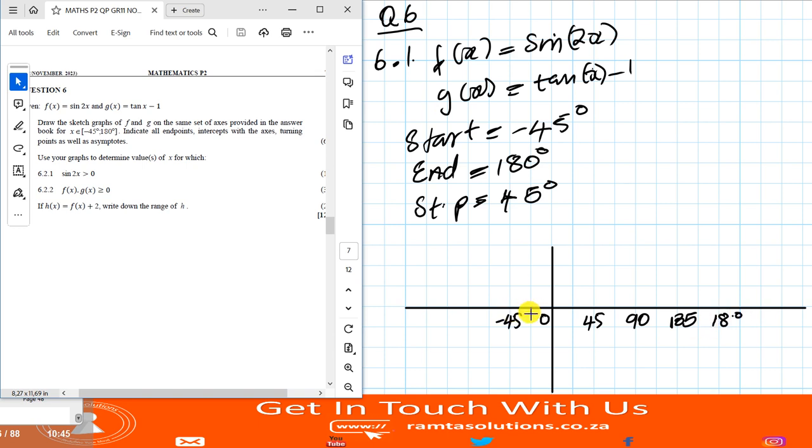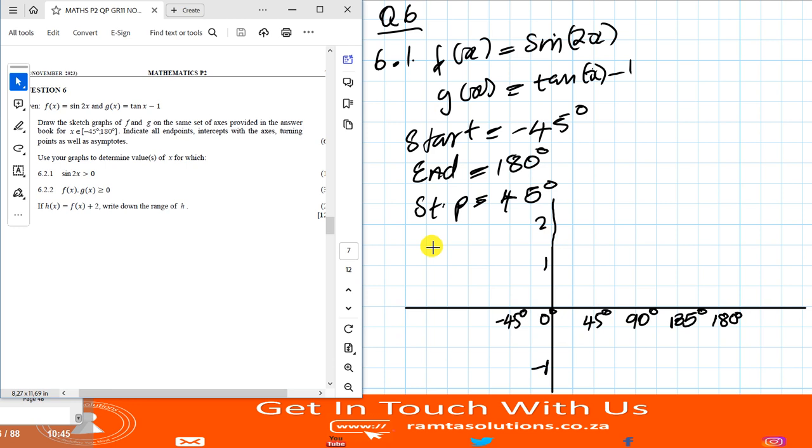Guys, I want you to pay attention: the distance between 2 points is 2 lines. I want you to do the same on your vertical scale. So it'll be 1, minus 1, and I know this thing goes up to 2, but it can even go below negative 2, and I don't care.